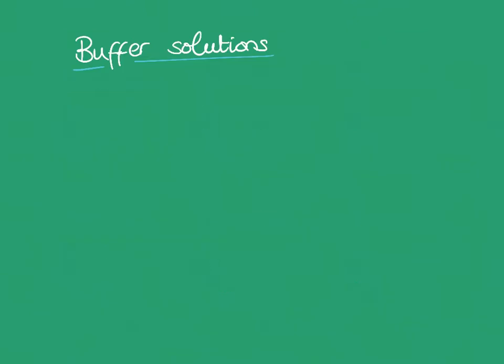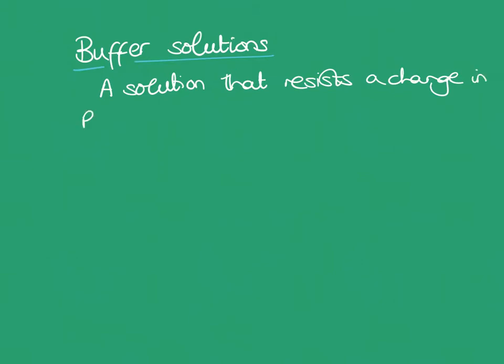Before we move on to looking at that type of calculation, just have a quick aside about something called a buffer solution. So a buffer solution is a solution that resists a change in pH when small amounts of acid or alkali are added to it.